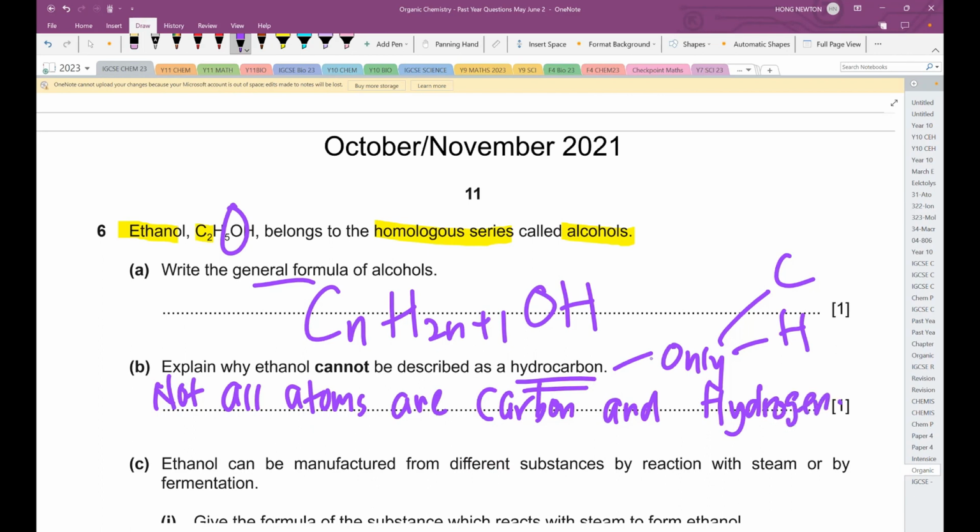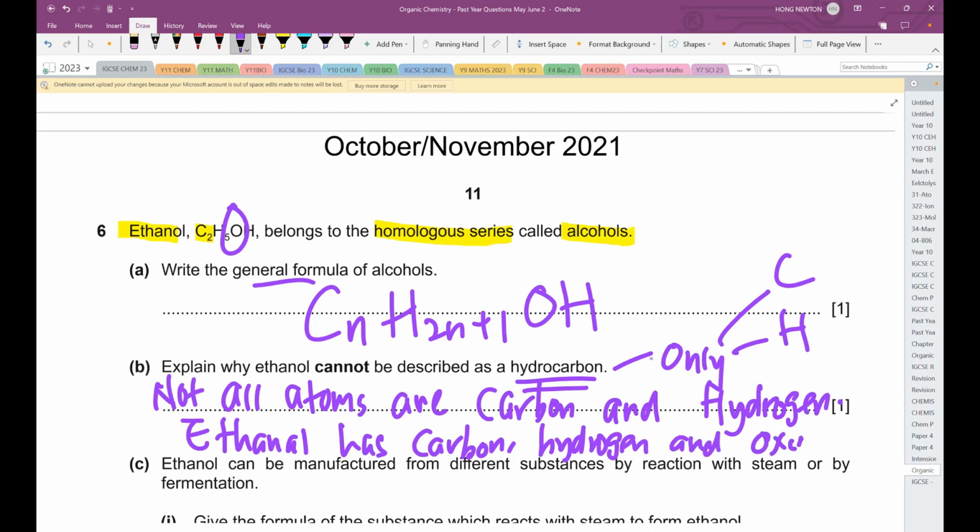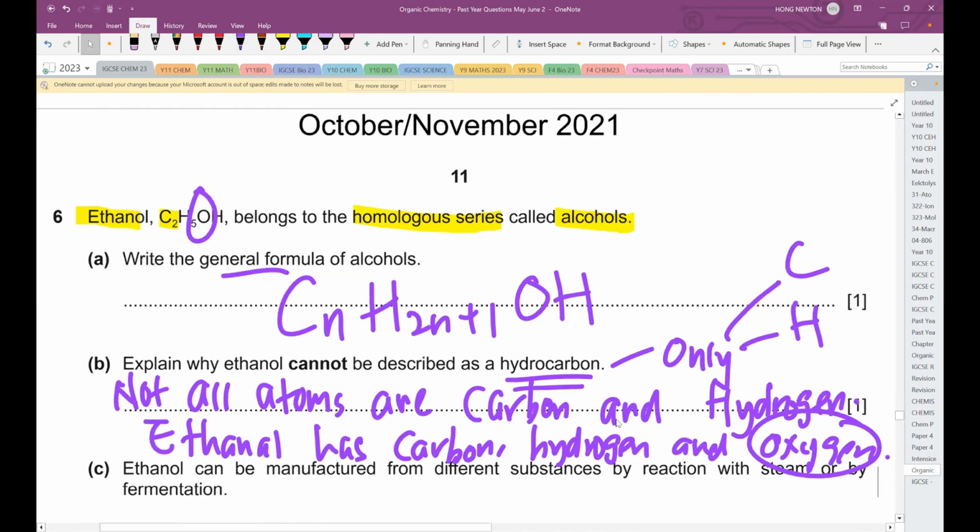Or you can also say ethanol has carbon, hydrogen, and oxygen, not only carbon and hydrogen.